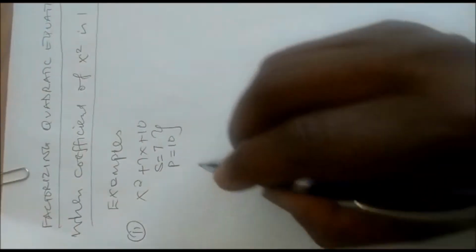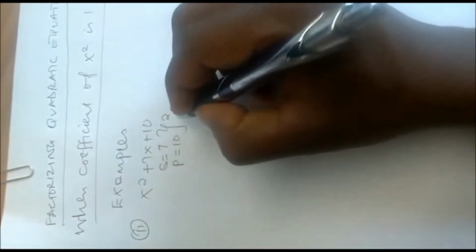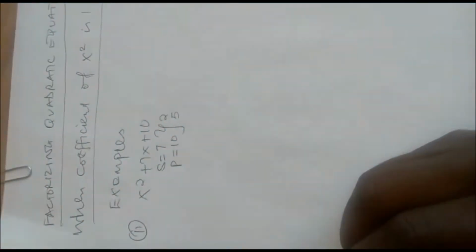So we look for two numbers, which when added will give us 7, and when multiplied, will give us 10. So these numbers will be 2 and 5.